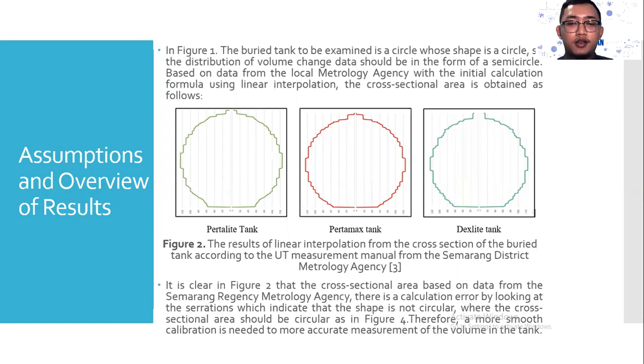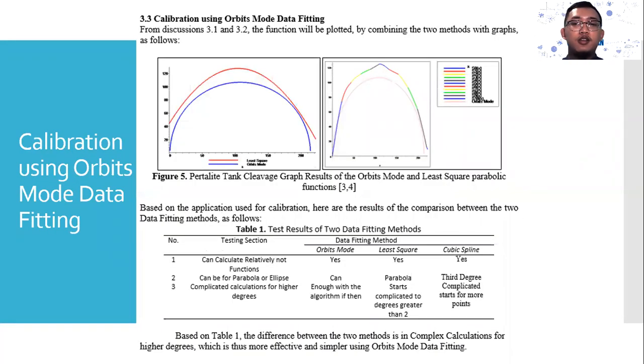for calibration. And these are the results of the orbit mode data fitting from references 3 and 4. References 3 and 4 are my research from before this. Before this, I already did research comparing least squares versus orbit mode data fitting, and orbit mode data fitting versus cubic spline interpolation.